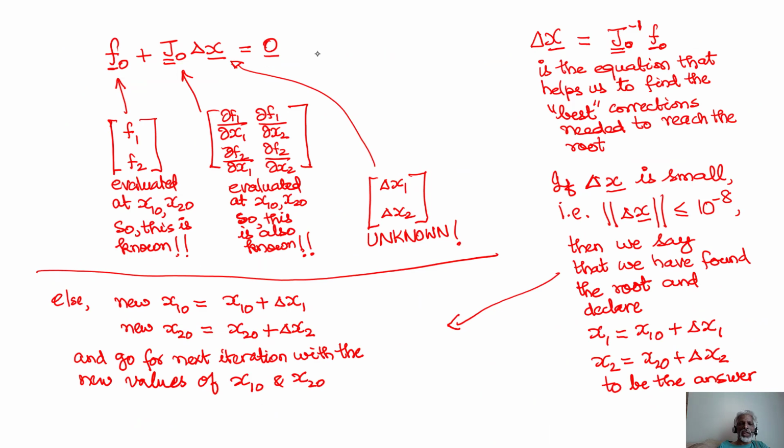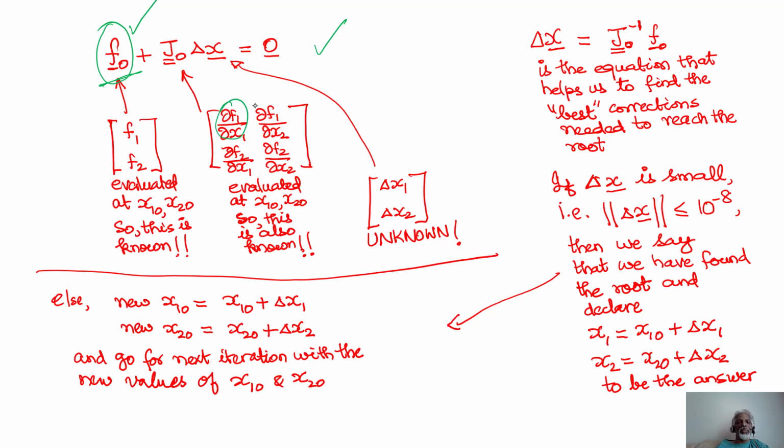Now, this is the equation we wrote in the previous slide. The point is, this is known, right? Because we know x1 naught, x2 naught. We have a current value, a guess value, whichever stage you are in. You're having some guess values for x1, x2, xn, etc. Therefore, this function can be evaluated. So this is known. Again, we know the functions. We know what the partial derivatives of those functions are. And therefore, we can evaluate this Jacobian matrix.